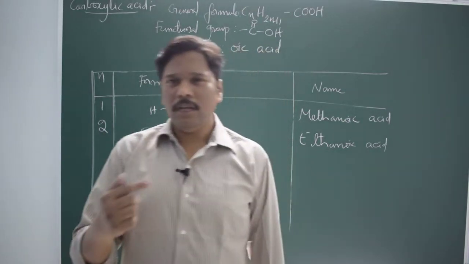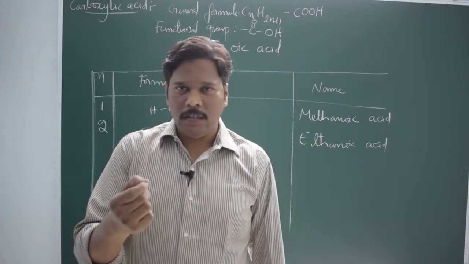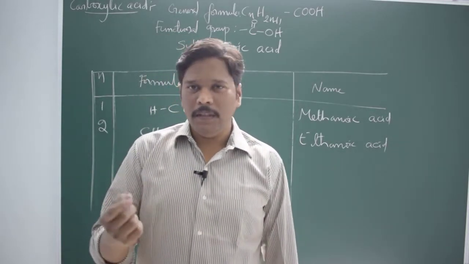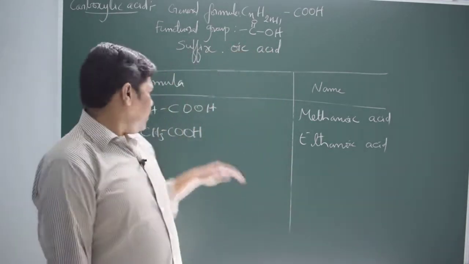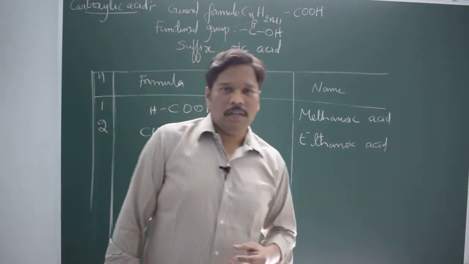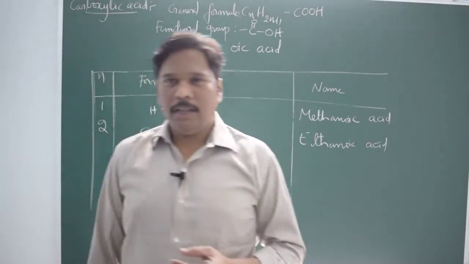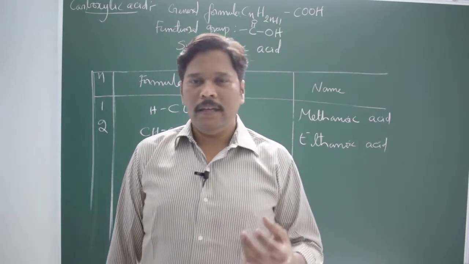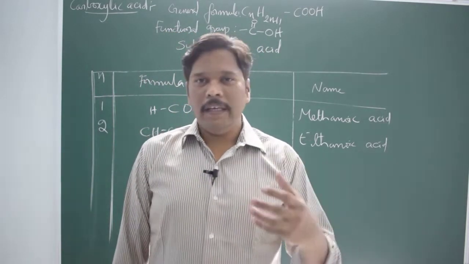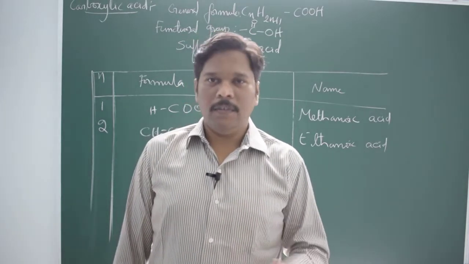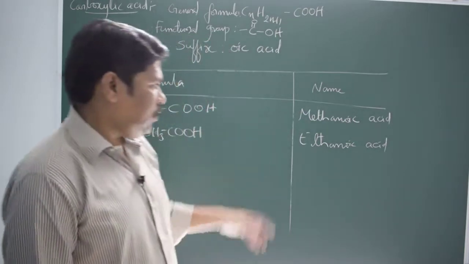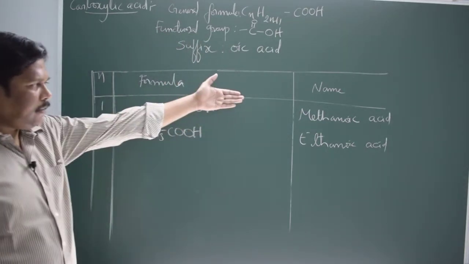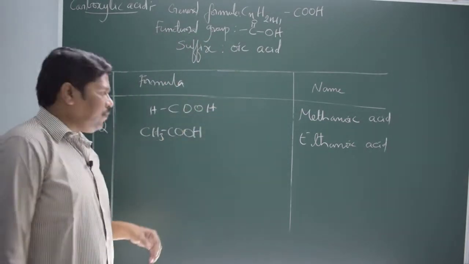The name came from the Latin word formicus, which means red ant. Then acetic acid is present in vinegar. Vinegar in Latin is called acetum, and from there acetic acid was derived. These are the common names: formic acid for methanoic, and acetic acid for ethanoic.